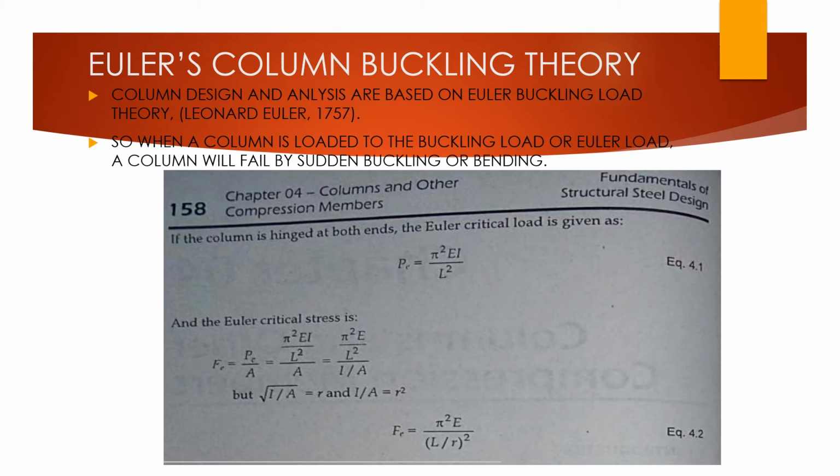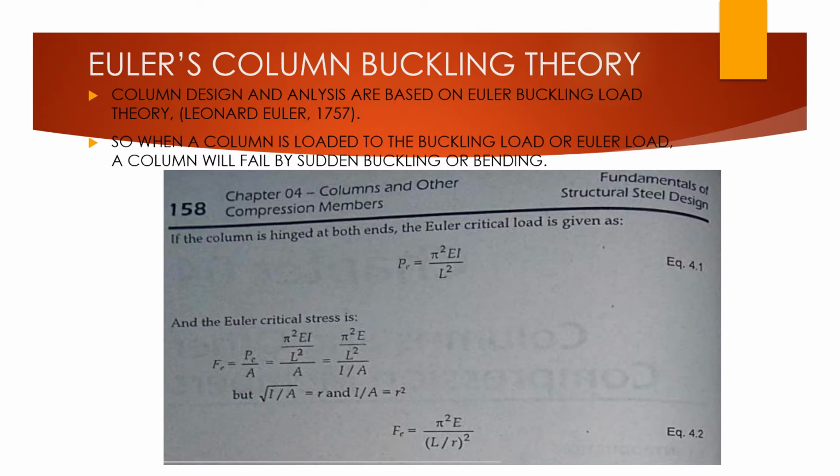So if the column is hinged at both ends, the Euler's critical load is given by this formula, equation 4.1. So this Euler's critical load, mao ni siya ang magamit nato if naay i-assume nga given load nga kaya sa column.